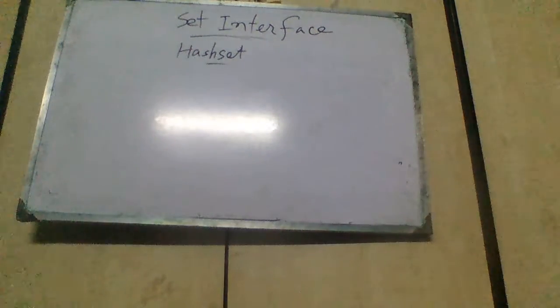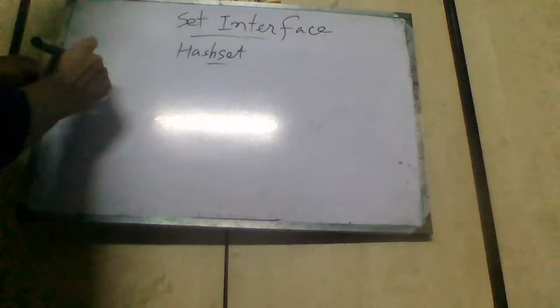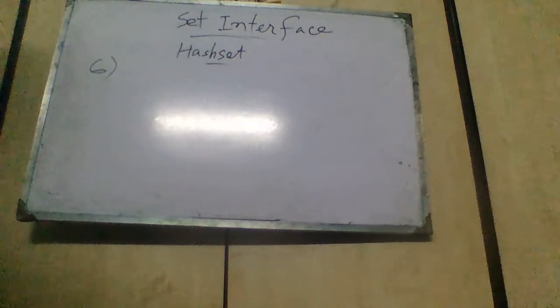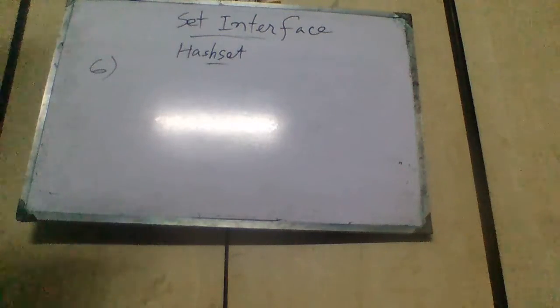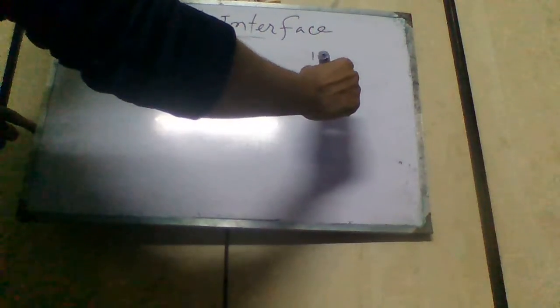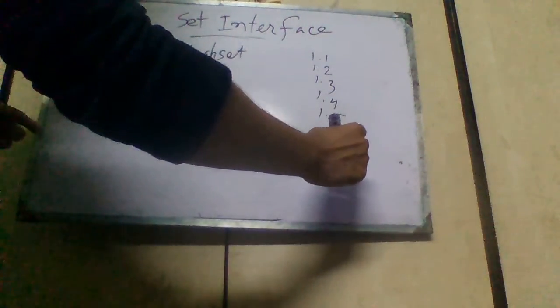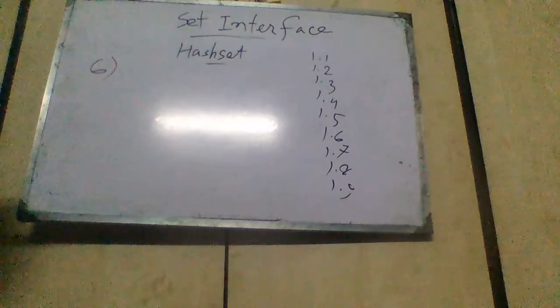Number six. We already know that, without the version, the classes which came in Java API version 1.0 are synchronized, but above version 1.0, like 1.1, 1.2, 1.3, 1.4, 1.5, 1.6, 1.7, 1.8 and 1.9, the classes that came in these versions are able to perform with non-synchronized threads.